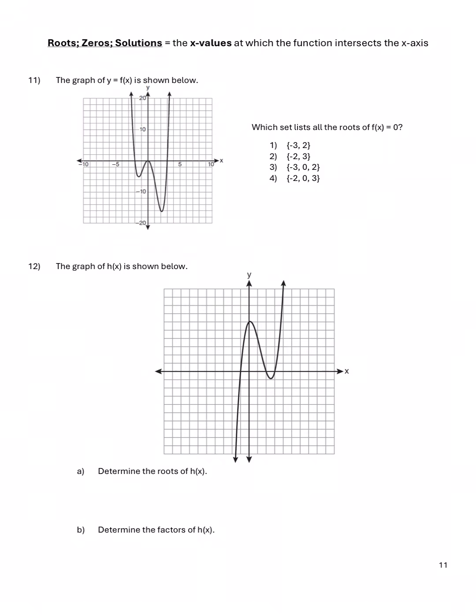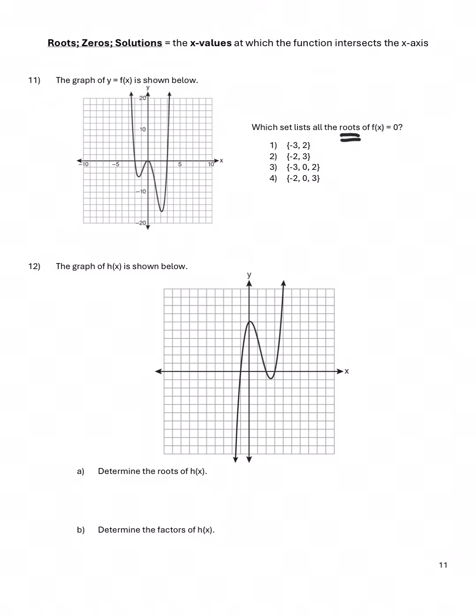Okay, this is a quartic. It's a 4th degree function. But they're asking in the question here, which set lists all the roots of when f of x equals 0. Now the roots, remember, are the x values at which the function intersects the x-axis.